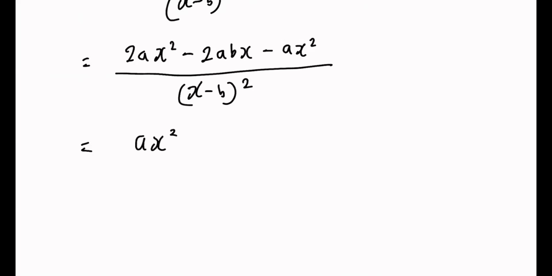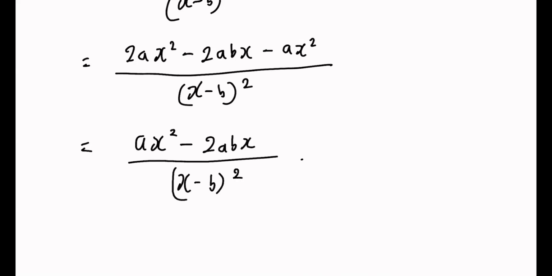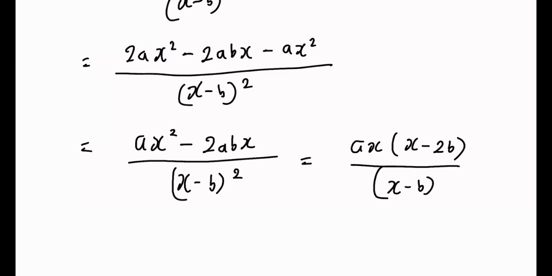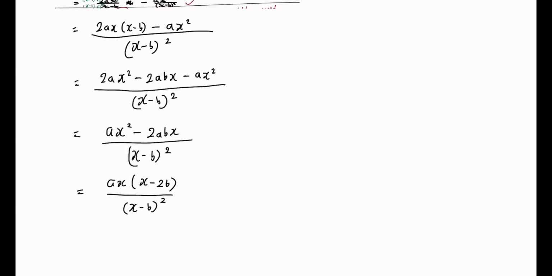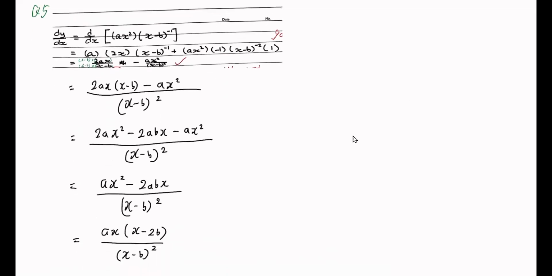Just ax squared. Good. Then I think we can also factorize out ax, right? We end up with x minus 2b. Is that correct? Okay, now the denominator just copy and paste. Very good. So now that we get this expression, let's continue with the rest of the question.